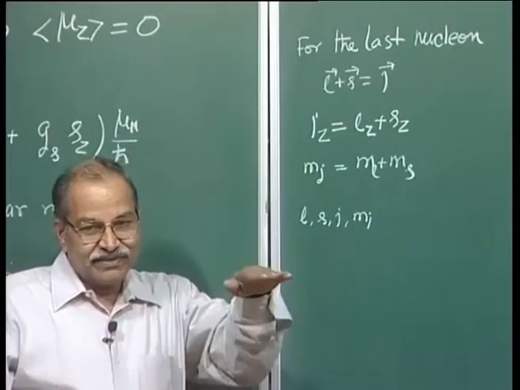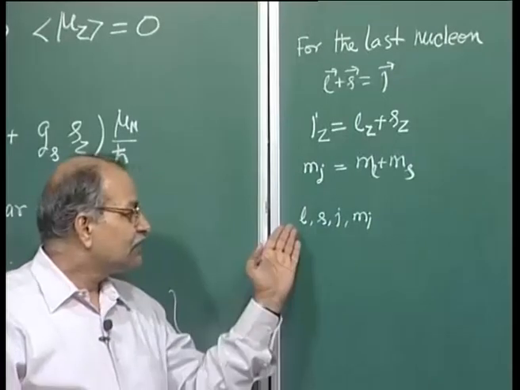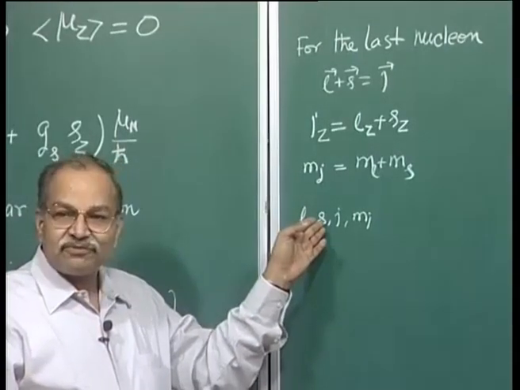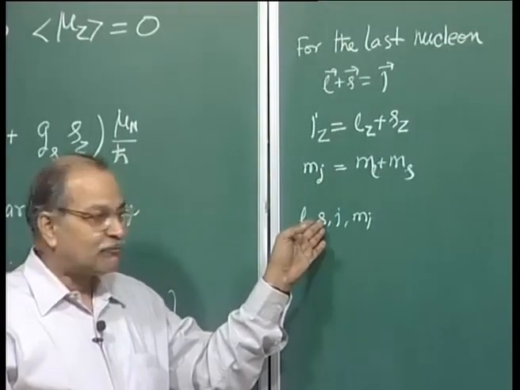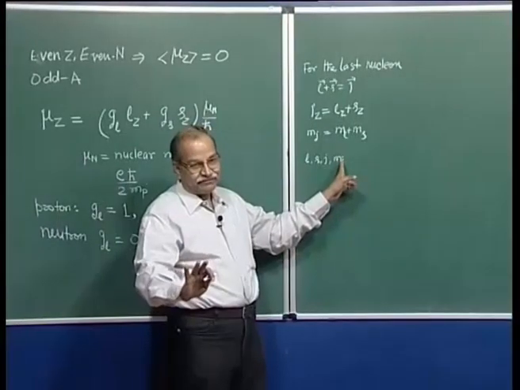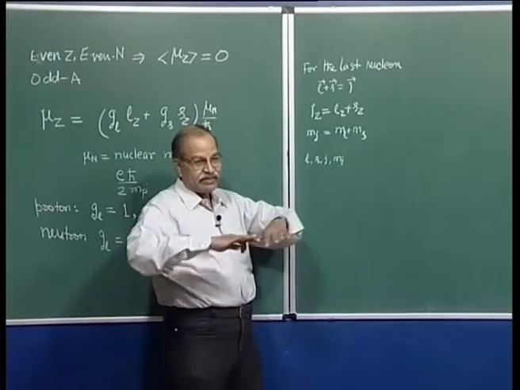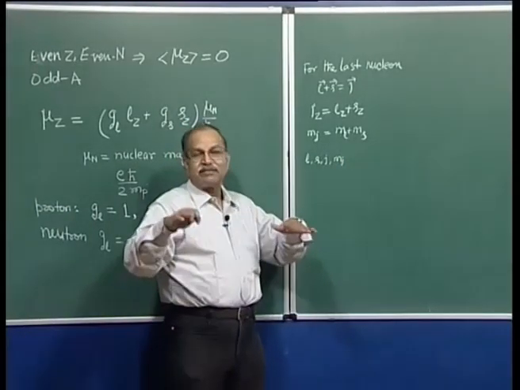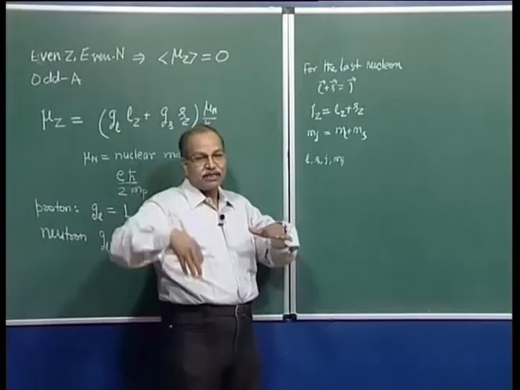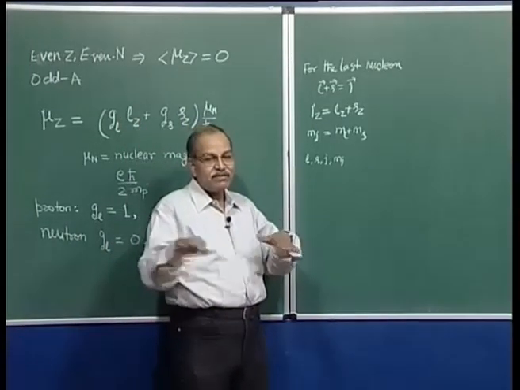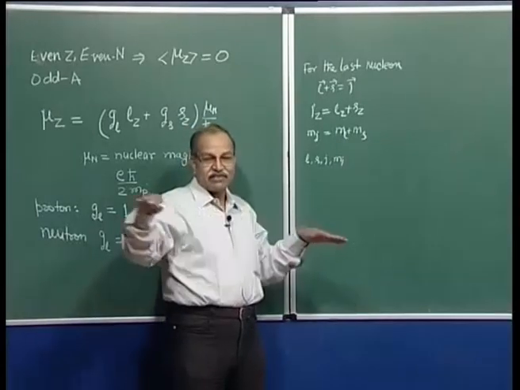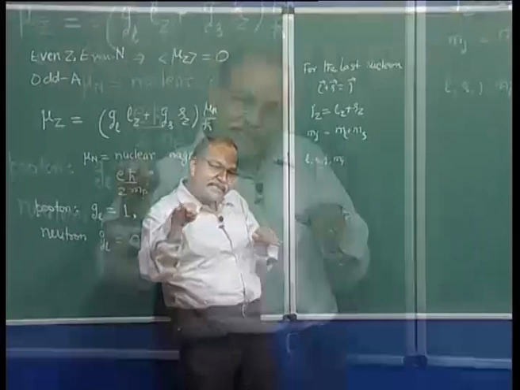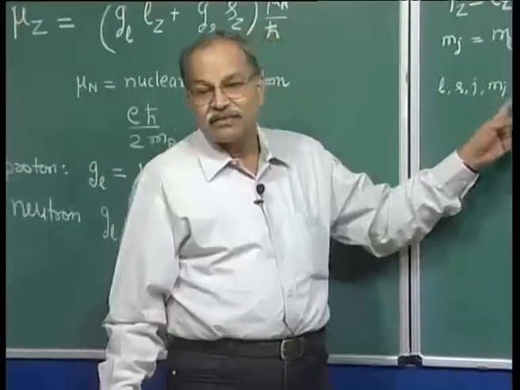In the same quantum state, you can have more than one value of Ml and more than one value of Ms, but Mj has a fixed value, right. Mj is a definite value. Of course, energy does not depend on Mj unless you apply some magnetic field or some internal magnetic field. So, all these Mj's will have the same energy level. So, in this energy level, the quantum states are defined by this Mj.